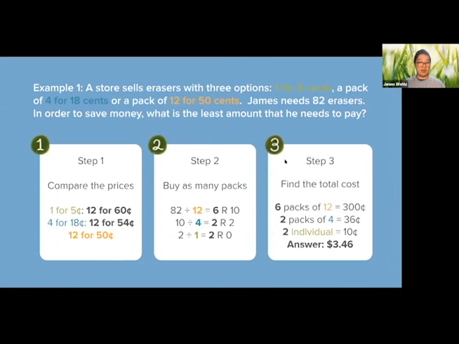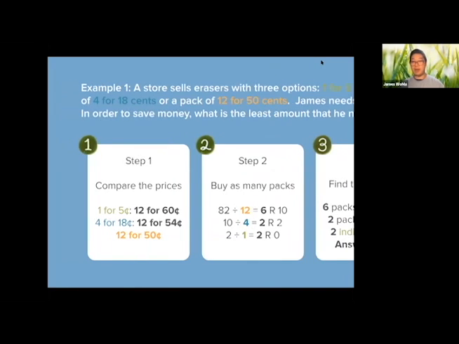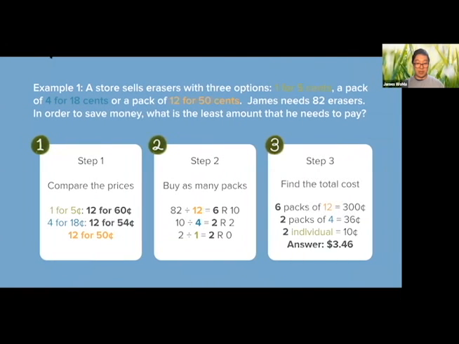So 10 divided by 4 is 2 remainder 2. So you can buy at most 2. And you still have 2 left to buy. So that'll be the remaining for 1 for 5 cents. So the best combination would be the best deal, 6. The second best deal, 2 of those. And then the worst deal for 2.